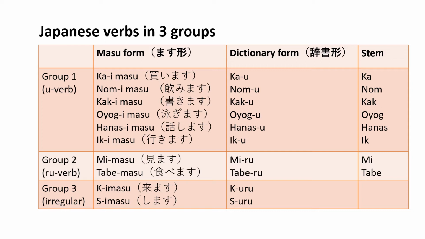Nomimasu, dictionary form is nomu. Kakimasu, kaku. Oyogimasu, oyogu. Hanashimasu, hanasu.